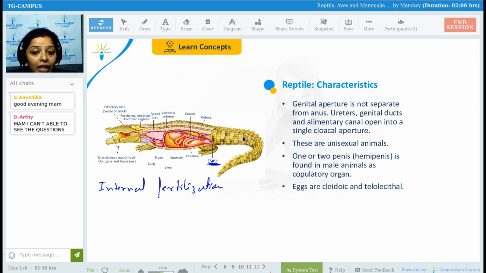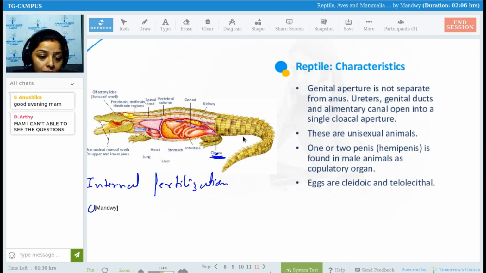Most of the reptiles are oviparous. But still some reptiles are viviparous. If they are producing eggs, as they are doing internal fertilization, the zygote will first form the amnion, chorion, right?